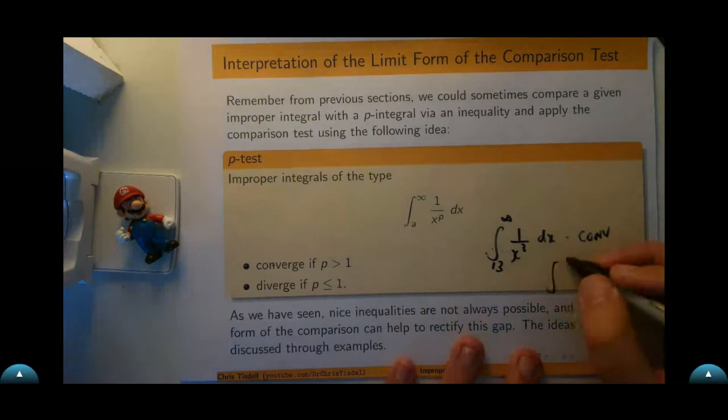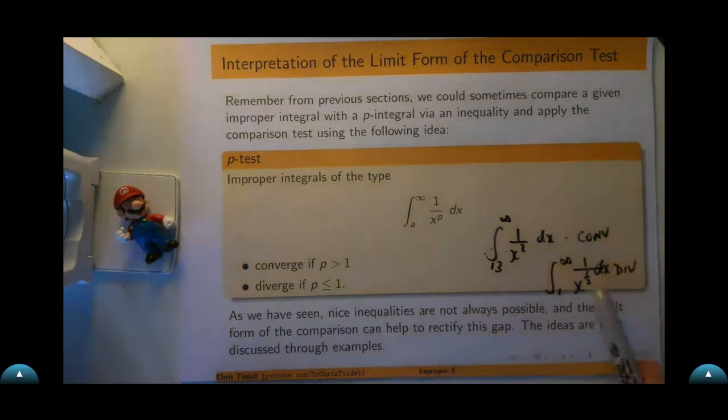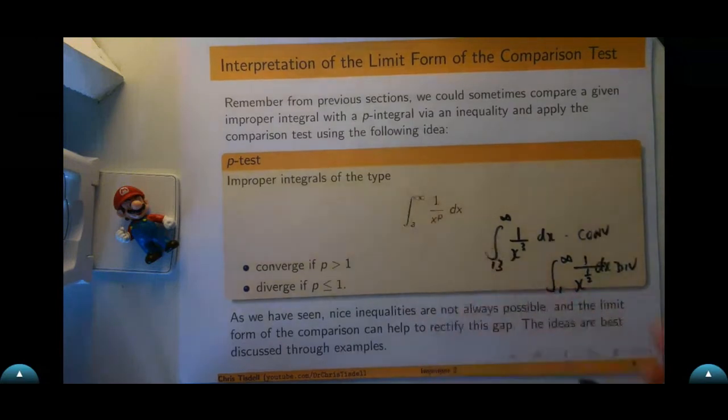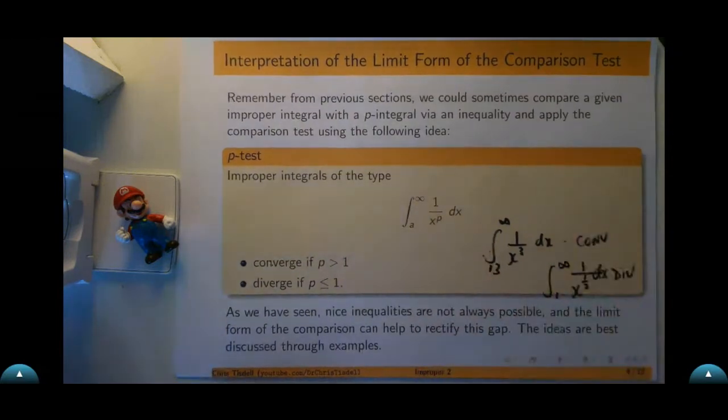An integral like this diverges because the power p is less than or equal to 1. These things are super important, not just for the comparison test, but also for this limit form of the comparison test.